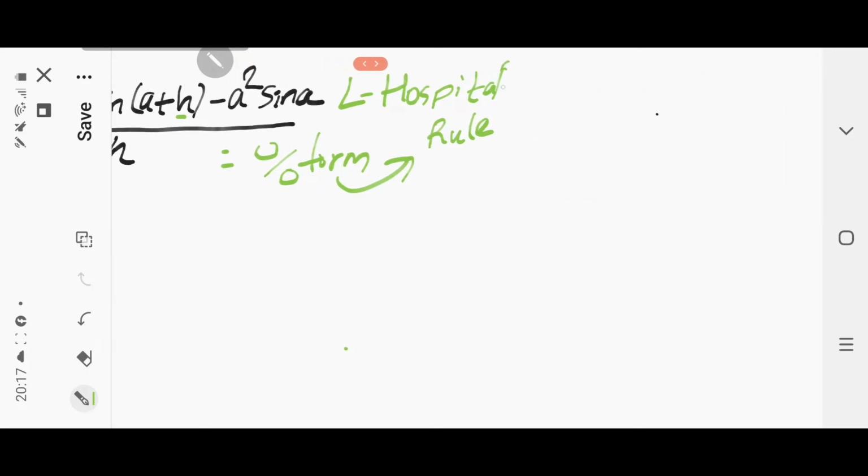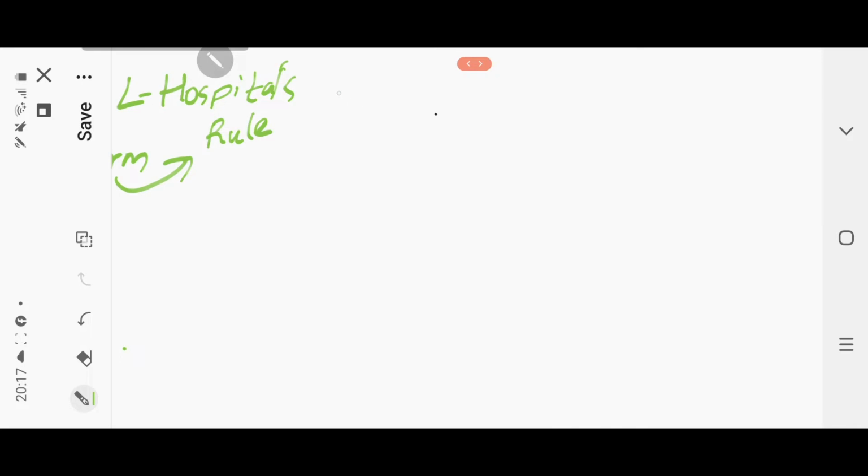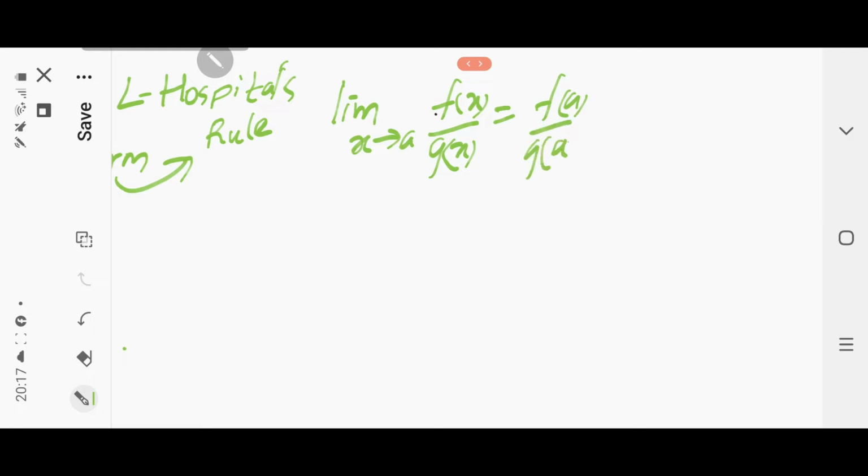What does L'Hospital's rule say? Simple concept. If a question is limit x tends to a, f of x by g of x, and you put a in the place of x, f of a divided by g of a, and you get 0 by 0 form, you go to L'Hospital rule.